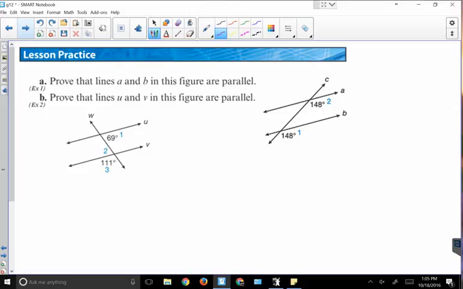So, are they parallel? Why? Okay, but that's fine that they're the same temperature, but why are they parallel? What is the reason? Yes, sir.